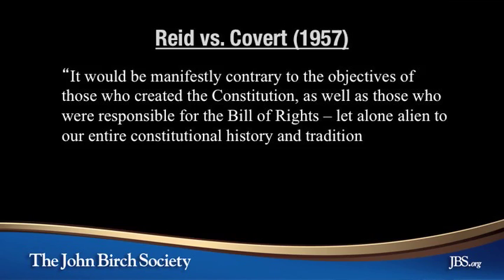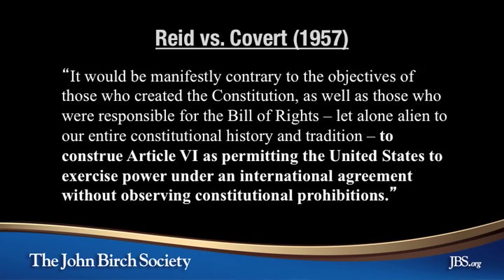Pretty strong words. This is completely out of the question of anything we've ever done constitutionally, those who wrote the Constitution, the Bill of Rights, and our entire history, to do what? To construe Article 6, the treaty power, as permitting the United States to exercise power under an international agreement, and here's the key phrase, without observing constitutional prohibitions.